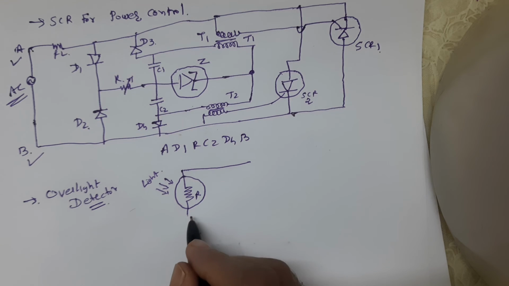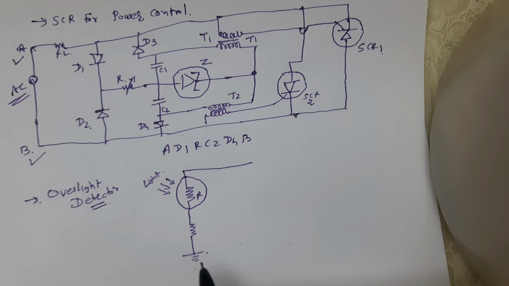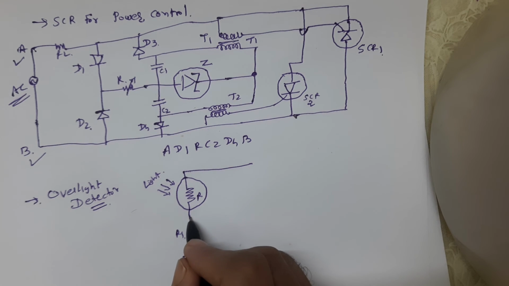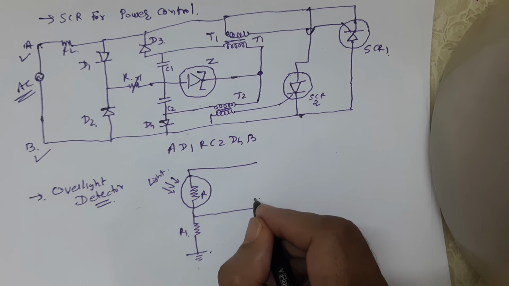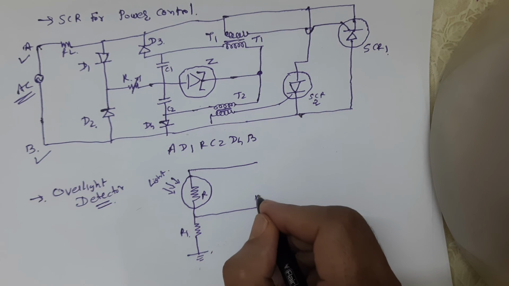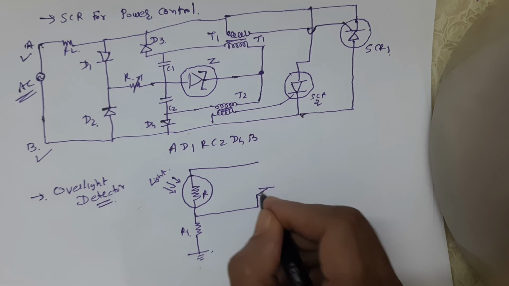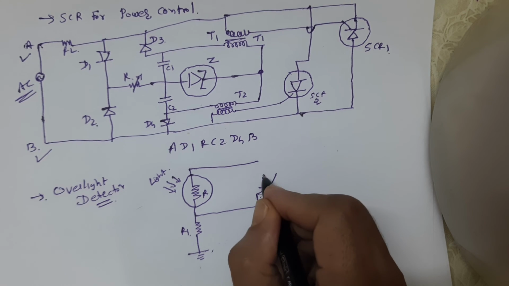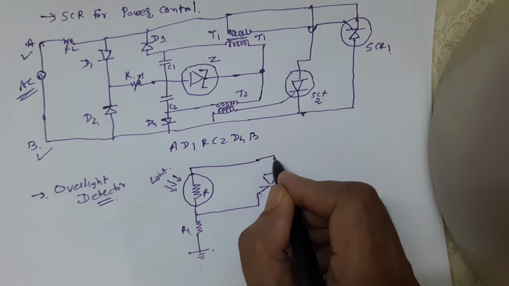There is one R1 grounded. This is your R1. From here there is an SCR. And in between this there is a buzzer.